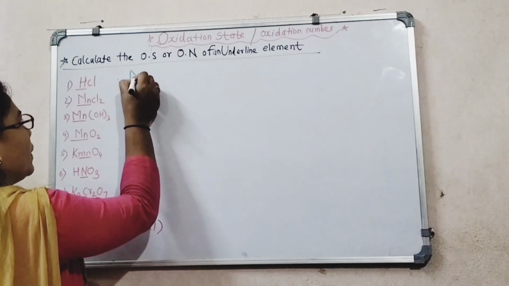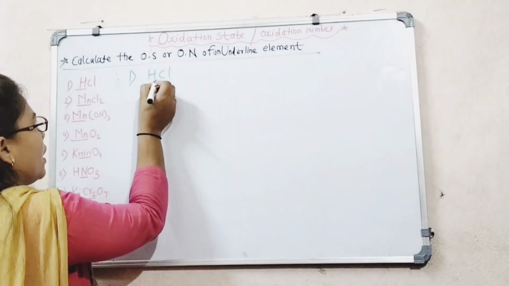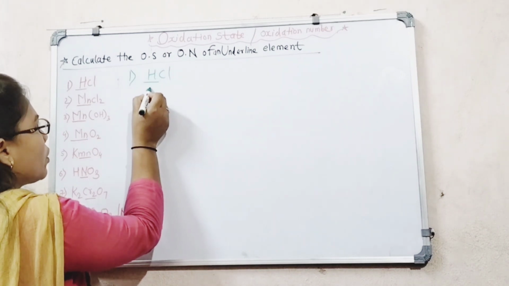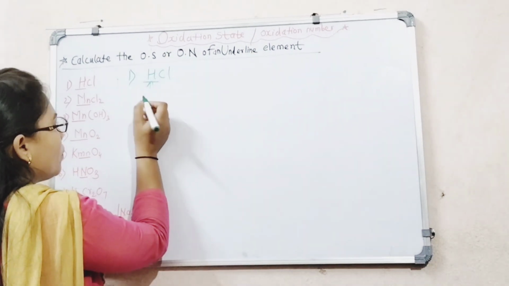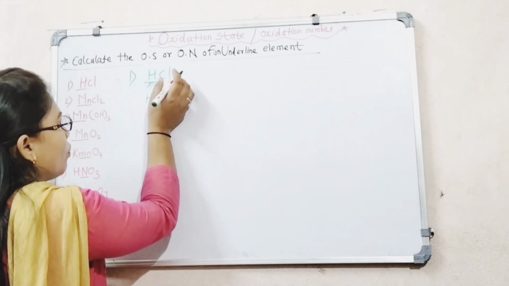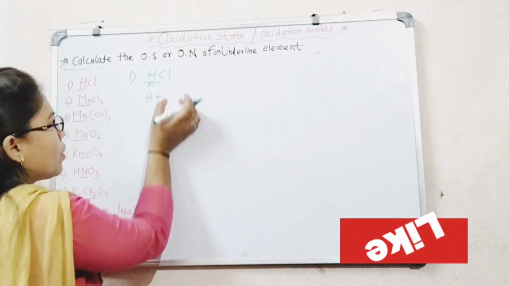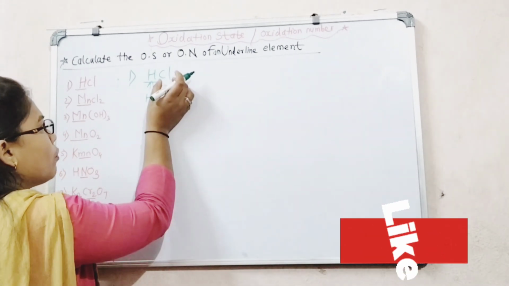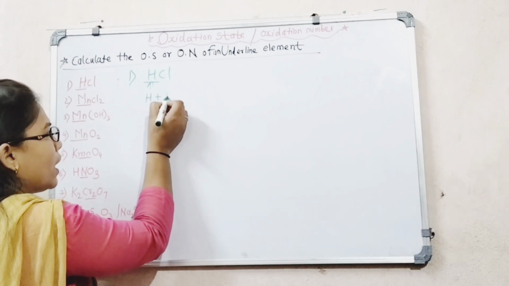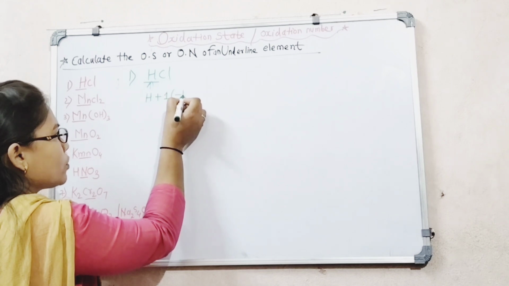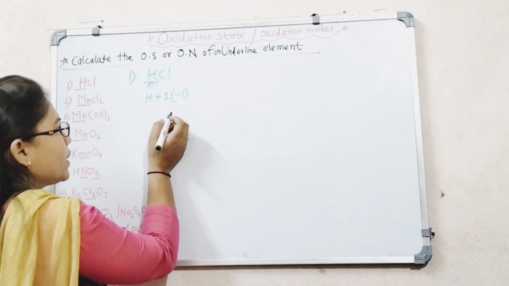Let's see the first example. The first example is hydrochloric acid, HCl, and in this example, we have to calculate the oxidation state of hydrogen. So first of all, I write H plus. We know that the oxidation number of Cl is -1 and the number of Cl is 1, so I write 1, and the oxidation state of Cl is -1, so I write -1.